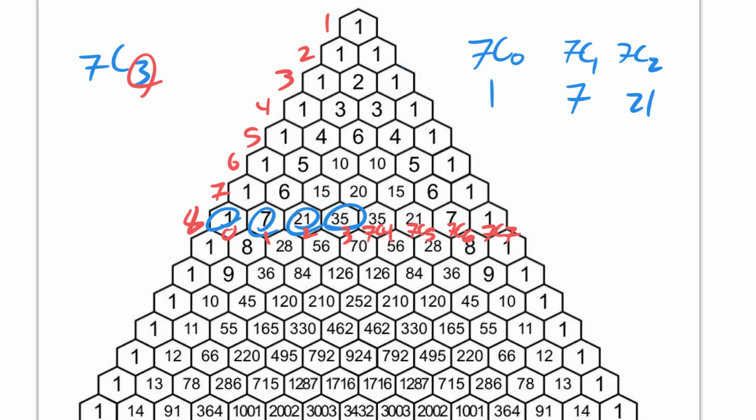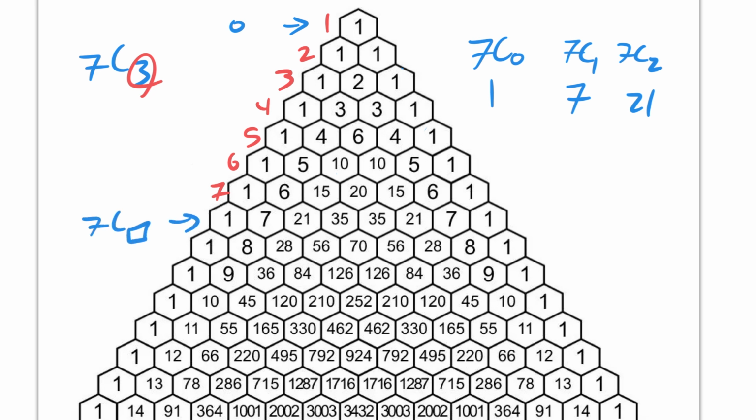So the whole row is going to just be your C's. And again, while it's technically row 8, you can think about it as if this beginning row was the 0 row. But it's the row that has a 7 in it, or the row that has 8 entries. Again, this will be the one that has 7C something.